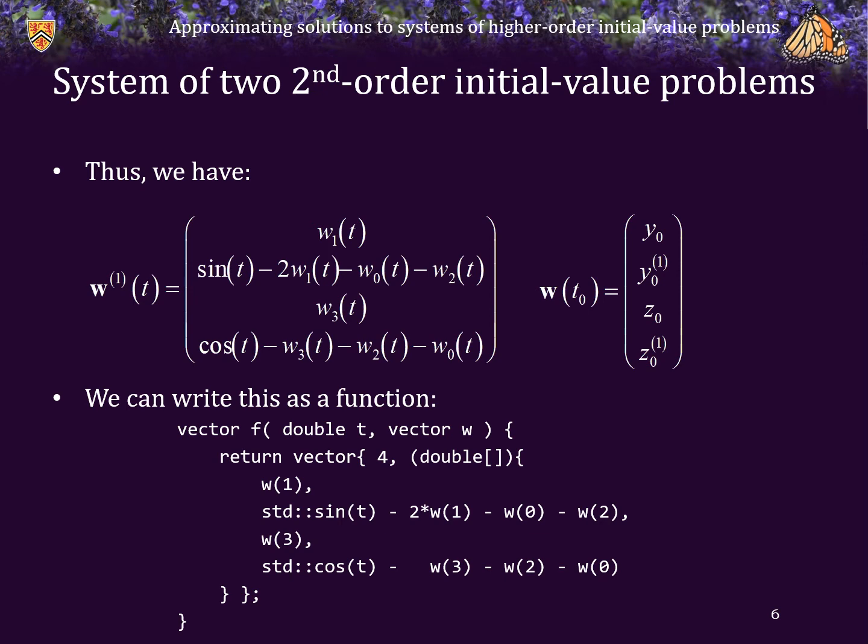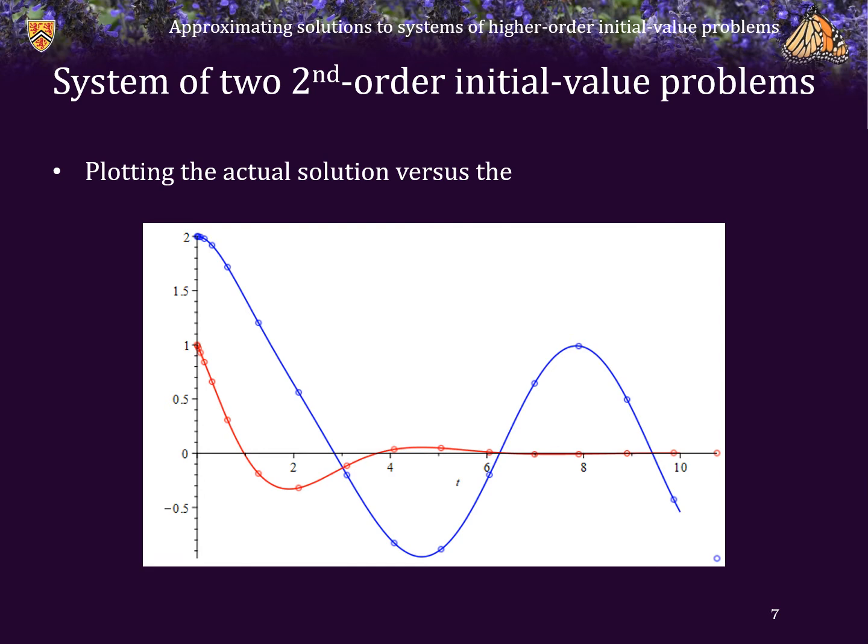Now, we can immediately put this into our dp45 function, and we'll get a solution. In fact, this does actually have an exact solution which you can find in a symbolic programming language such as Maple. However, here we see the solutions to y of t in red and z of t in blue, and the approximations found by dp45.